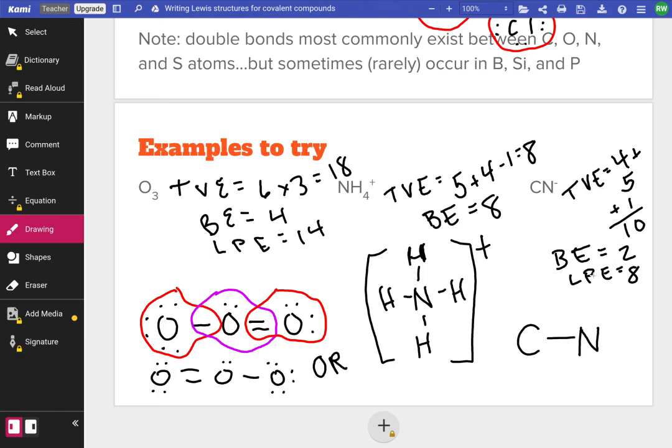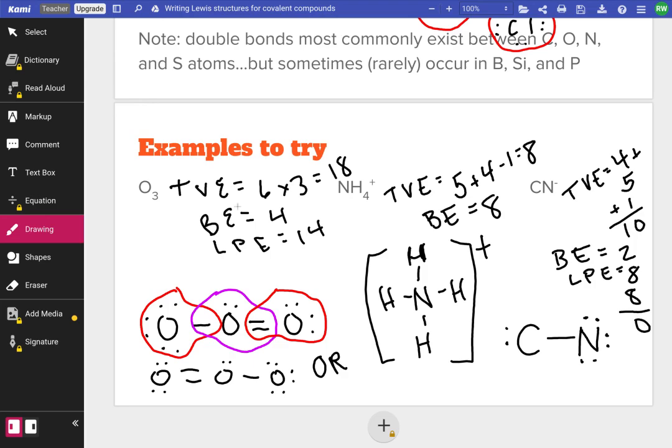And then to find how many lone pairs, I do total valence 10 minus 2, so that's 8. So now I have 1, 2, 3, 4, 5, 6, 7, 8. Okay, I've drawn all 8. Cool. So I use them all up. I don't have any more.